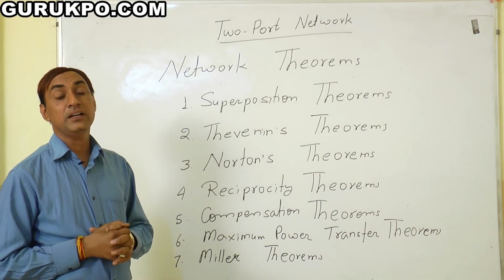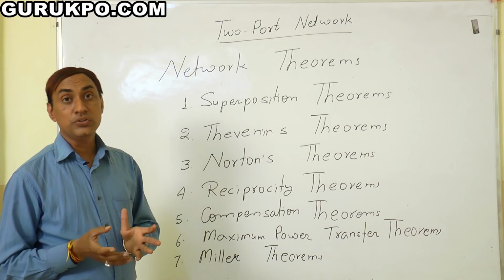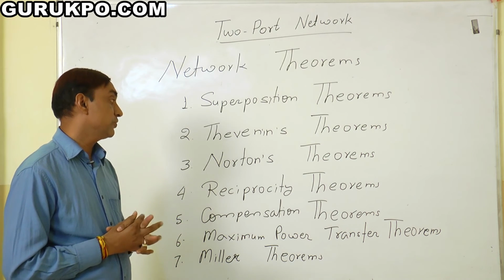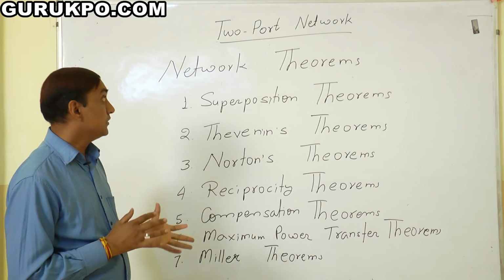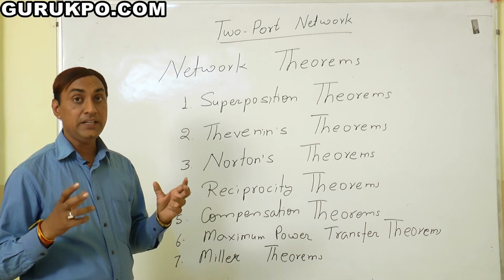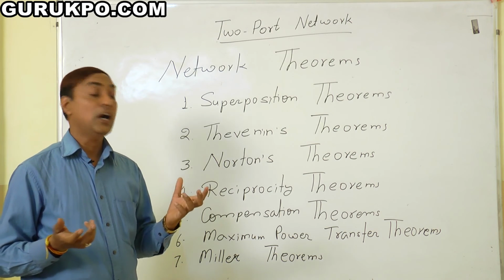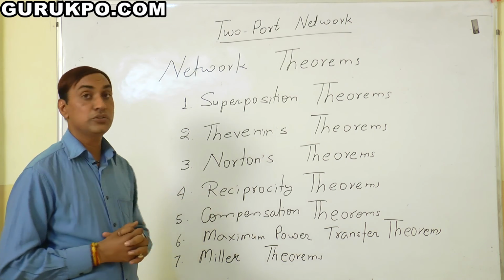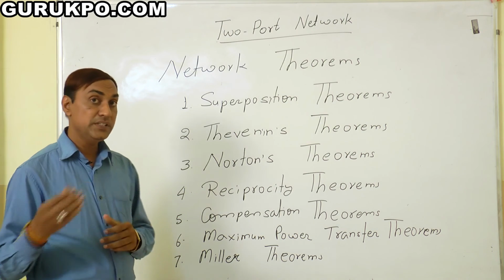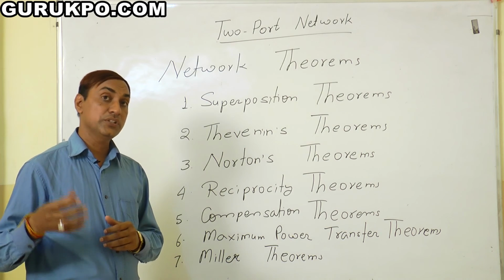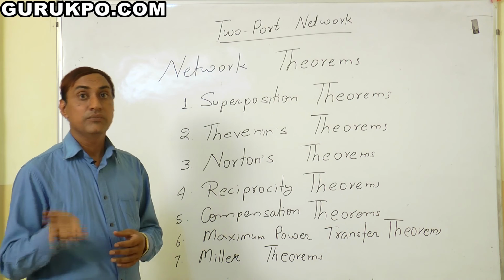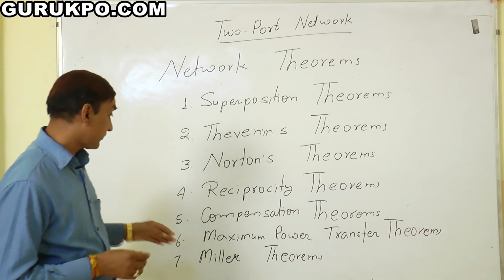It means we interchange source to load, load to source. That's why we say reciprocity theorem. This is also used in the two-port network because there are two sides: one is the input side, another is the output side. That's why reciprocity theorem comes in two-port networks. These are very easy. We just input a source on one side and get the output on the other side. Otherwise, we can interchange them.